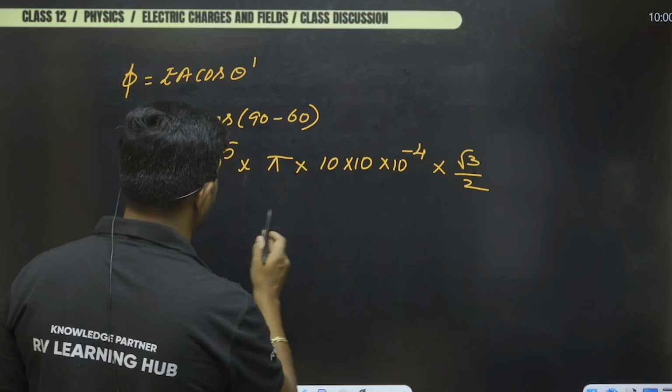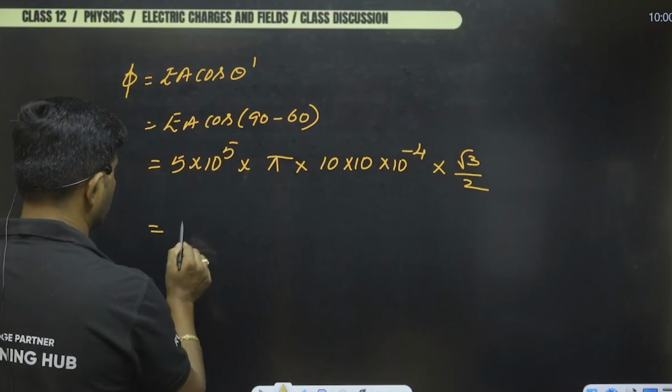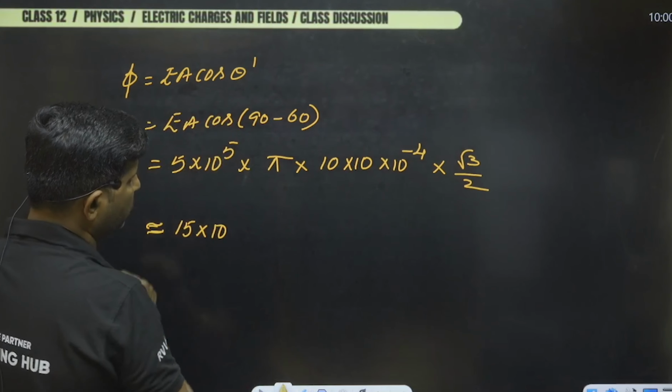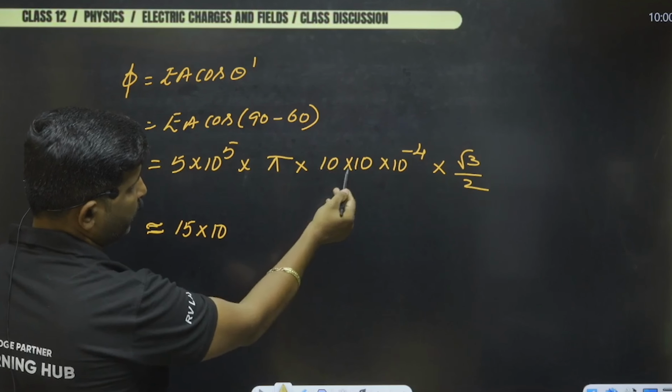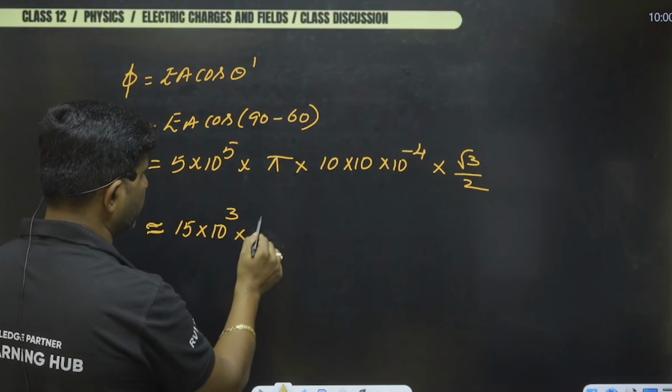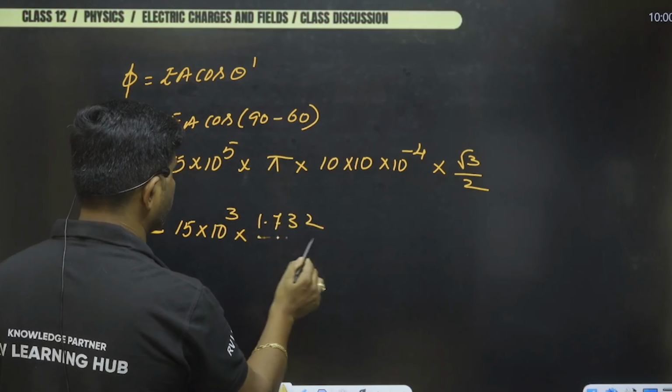So if you do simplification here, 5 into 3, 15 approximately into 10 to the power of 5 plus 2, 7. 7 minus 4, it is 3 here. Into root 3 is 1.732 divided by 2.